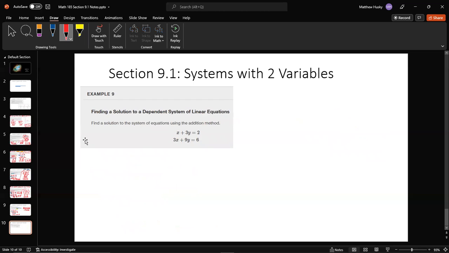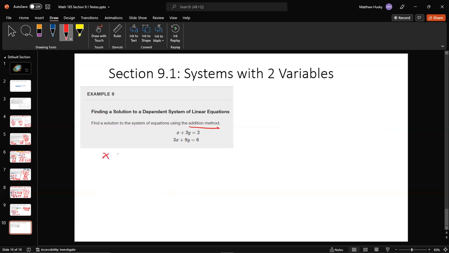The other thing that can happen is you can have a dependent system, where it turns out that both equations happen to be equal to the same line. So the question is, what would that end up looking like? Well, they say to use the addition method here.